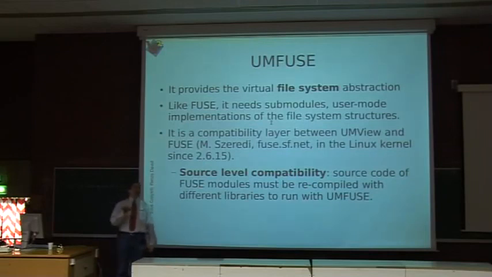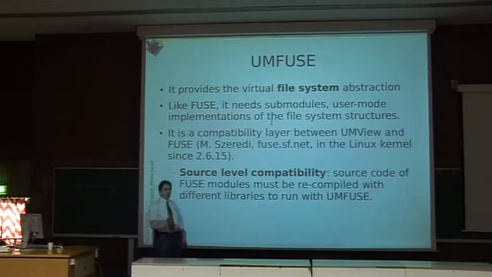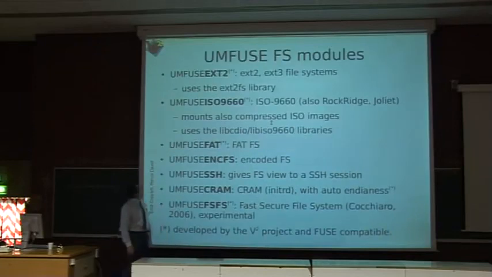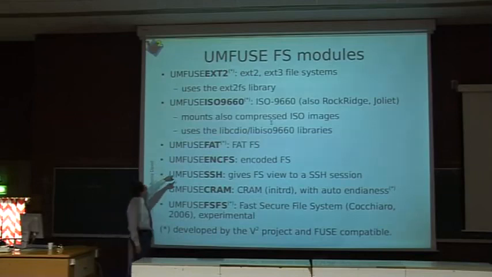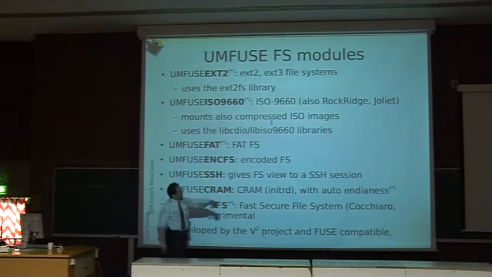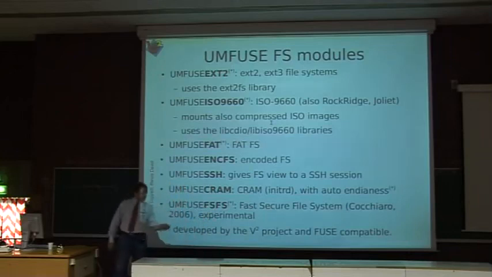So if you have a module for an encrypted file system, EncFS, you just have to recompile it with our library, and it becomes a user mode Fuse module. We have all these modules running: ext2, ISO, FAT, and we have developed some. And then we have inherited EncFS, SSHFS, and we have added audio and DNS. And there is a new module, a prototype, but I have no time to introduce that.